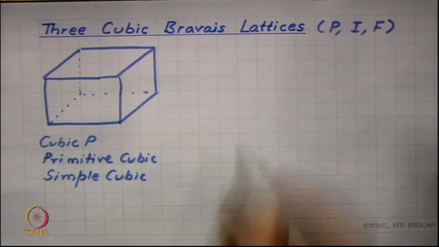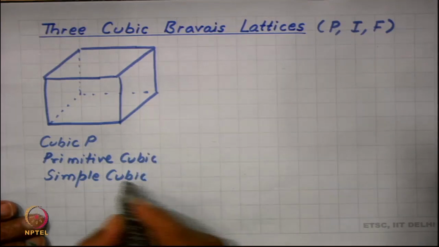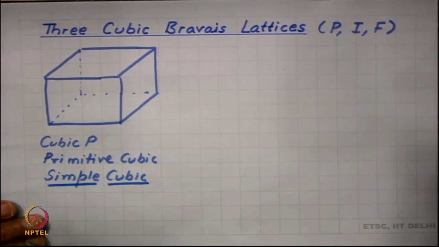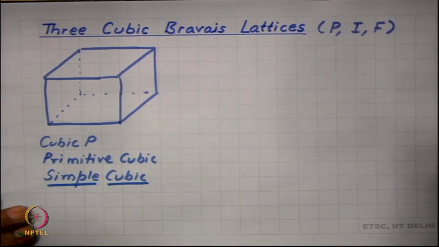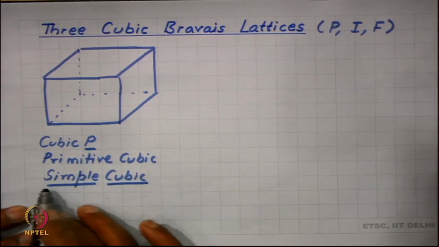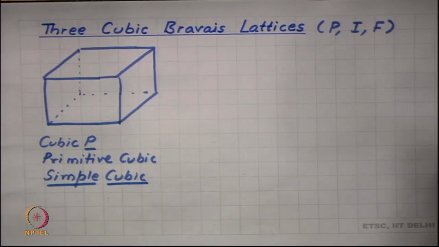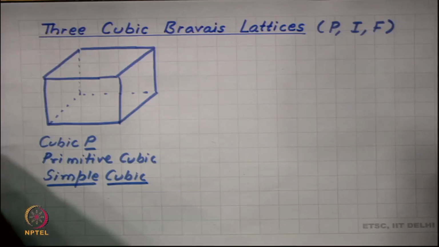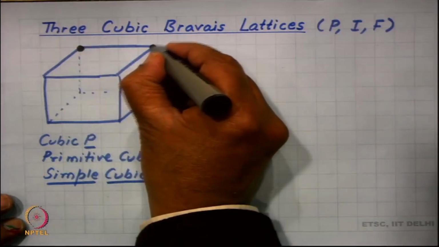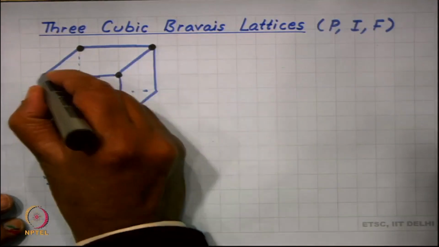So, the Bravais lattice name includes the crystal system name as well as either the symbol cubic P or in language we can say simple cubic. And the simple cubic lattice will have, the simple means the lattice points are only at the corners.